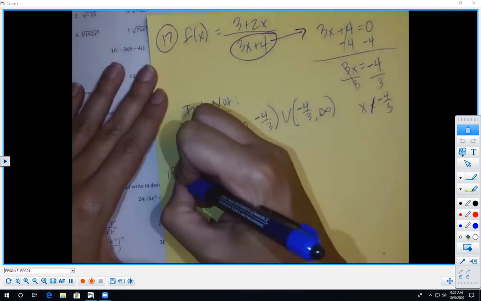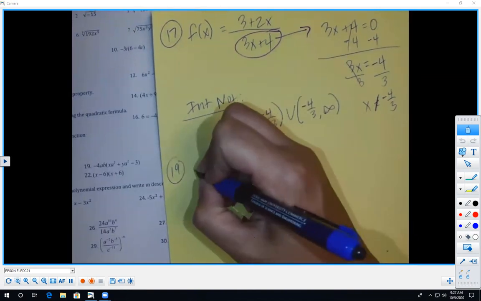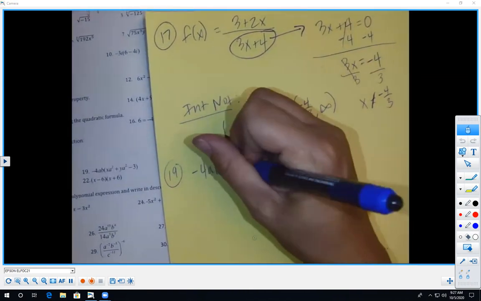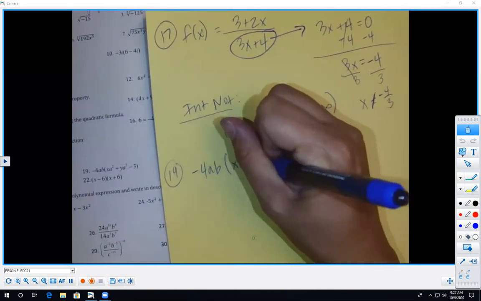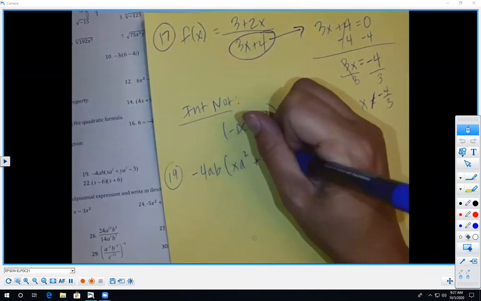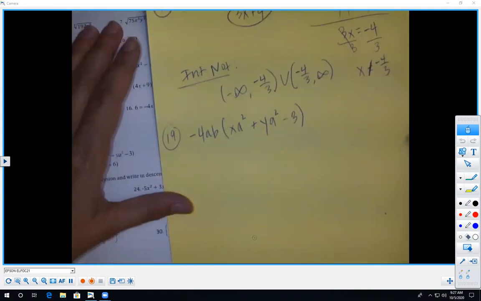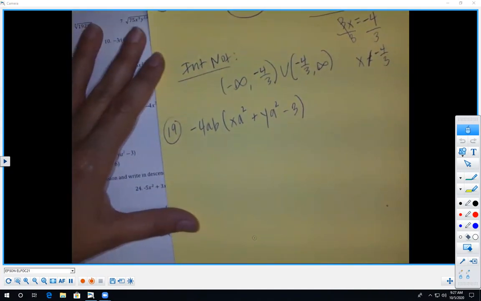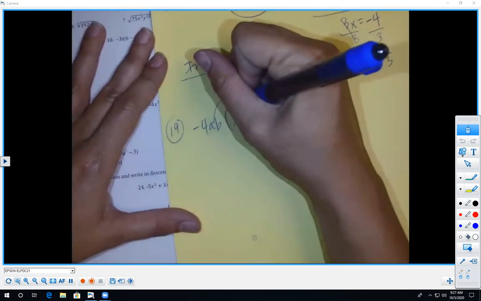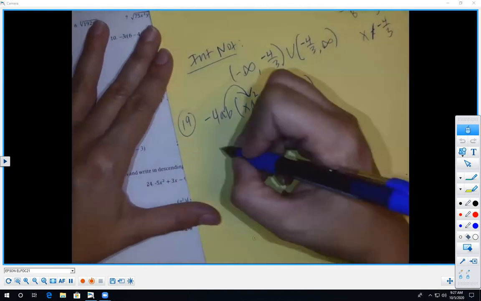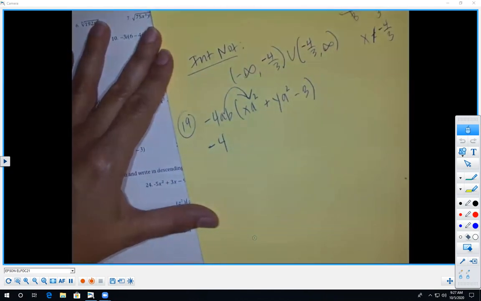Okay, Josue wants to do number 19. Number 19 is a distributing problem, -4ab times xa squared plus ya squared minus 3. Okay, so we're going to distribute that -4ab. -4ab times xa squared would be -4.